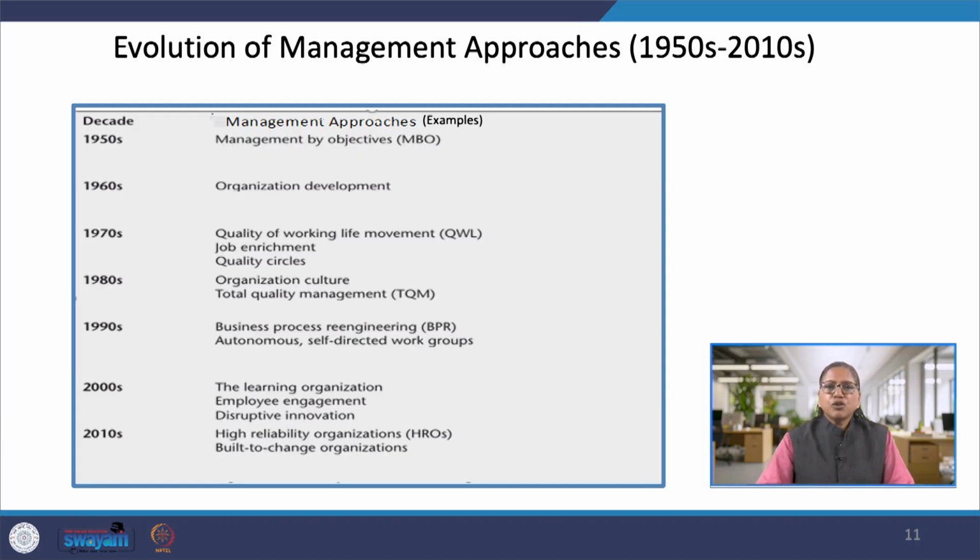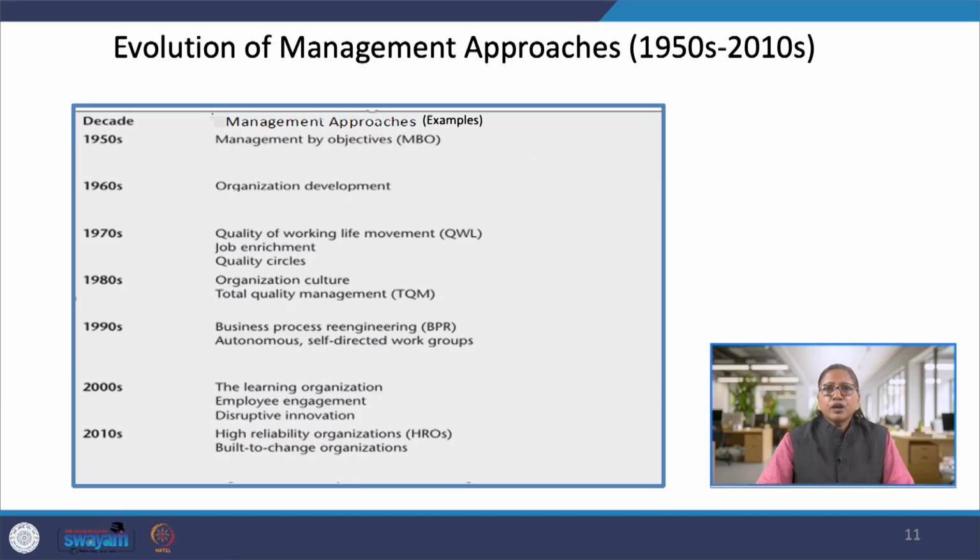The 2000s worked on the concept of learning organizations, employee engagement, and disruptive innovation. Further, in the 2010s, high reliability organizations, built-to-change organizations, networked enterprise, big data, data analytics and artificial intelligence became very prominent.